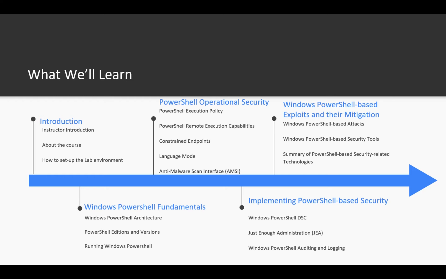And here we'll go through some Windows PowerShell-based attacks, we'll discuss some Windows PowerShell-based security tools, and at the end, in the last lesson, we'll have a summary of the PowerShell-based security-related technologies. So this is how the course is structured.